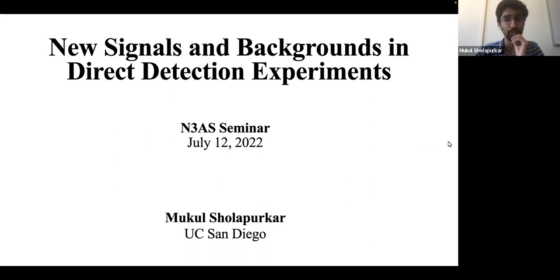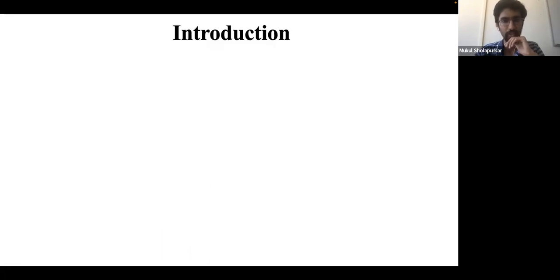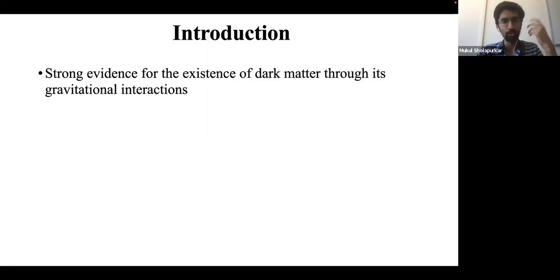Today I'm going to be talking about new signals and backgrounds in direct detection experiments. As a big picture introduction, we know there is very strong evidence for the existence of dark matter, but all this evidence is through the gravitational interactions of dark matter.